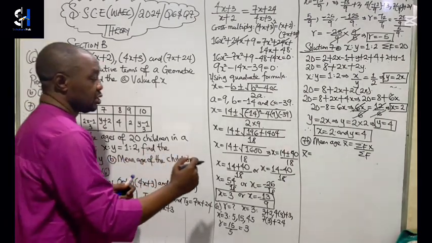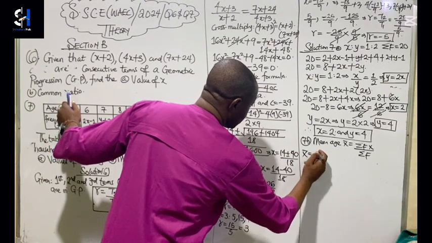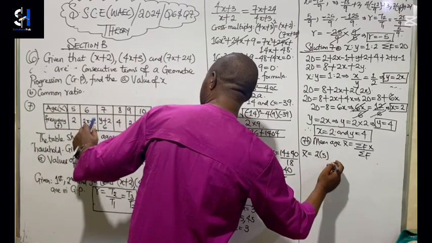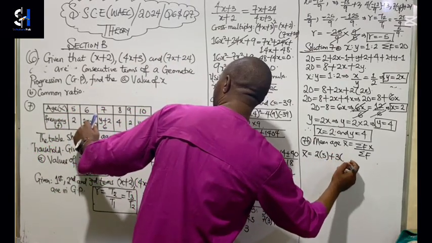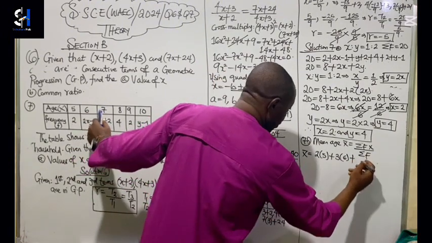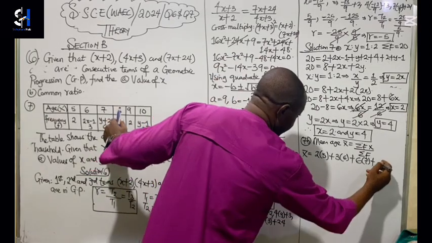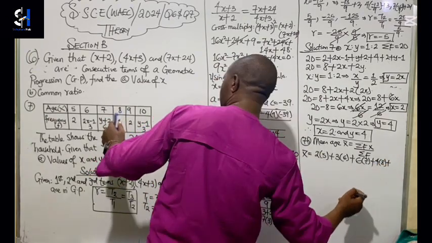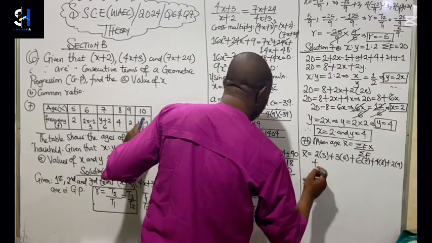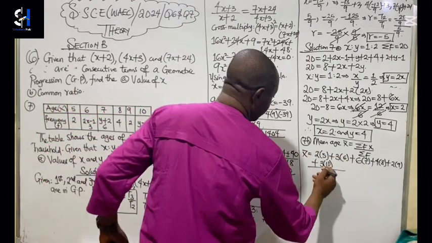In this case, we're going to have 2 times 5, which is fx. Then plus 3 multiplied by 6. Then plus 6 multiplied by 7. Then plus 4 multiplied by 8. Then plus 2 multiplied by 9. Then plus 3 multiplied by 10. Now, don't forget that the total frequency is 20.